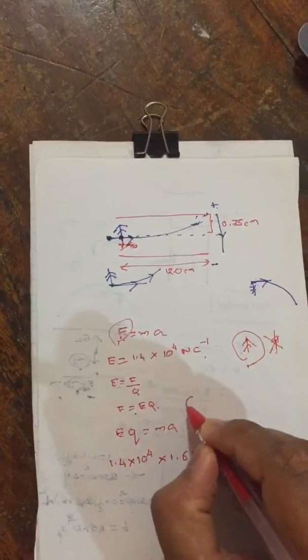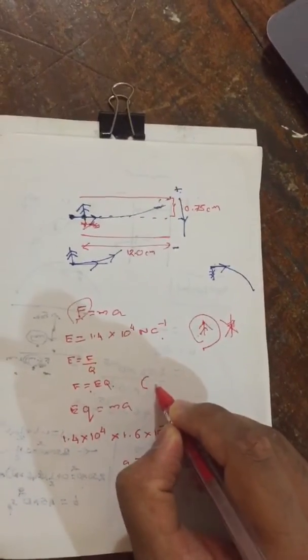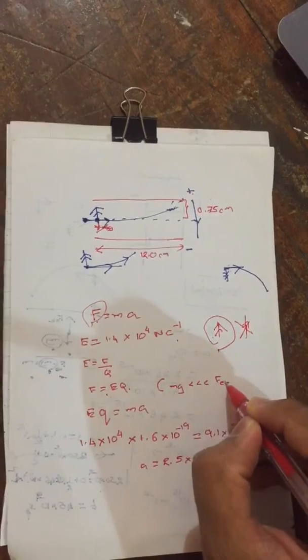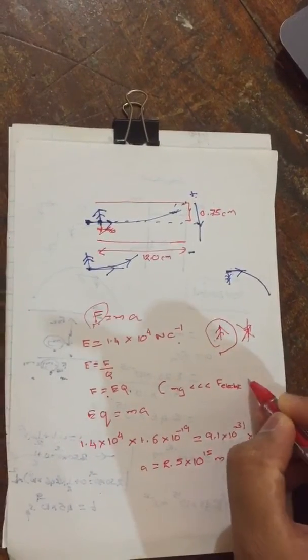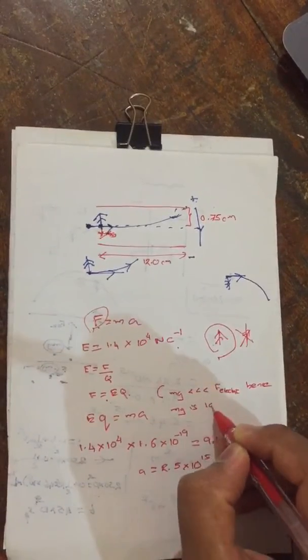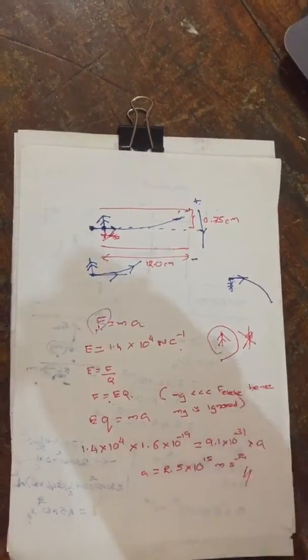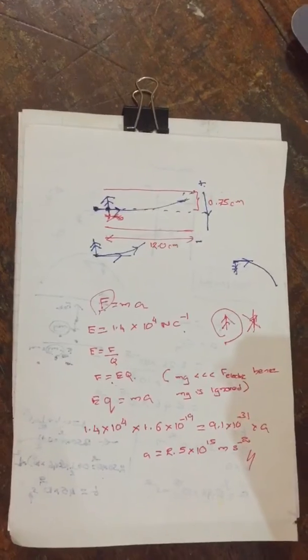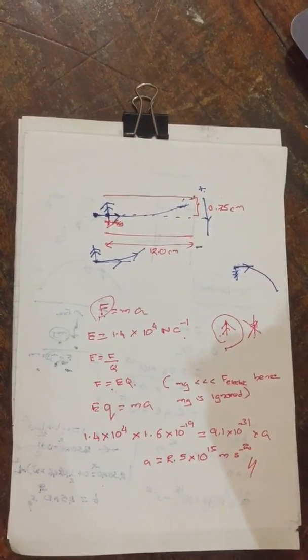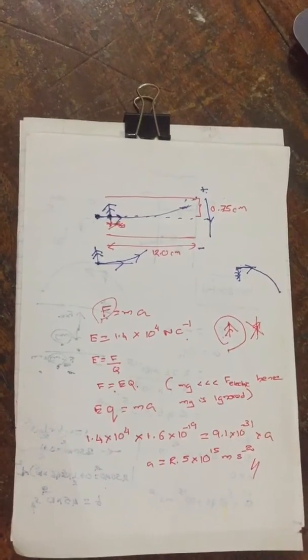It's better to make a note that mg is very, very less than F electric, hence mg is ignored. Okay, or else if you are adamant, you can take mg into consideration and can solve it.